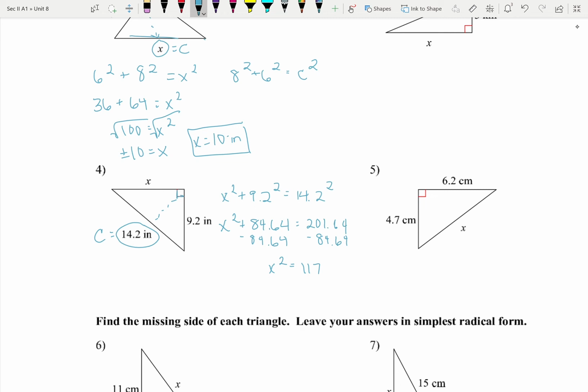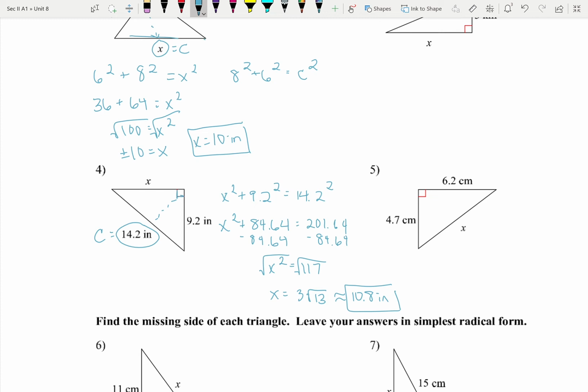117. Now, when I go and take the square root of that, unfortunately, the square root of 117 doesn't really simplify. Okay, it gives me 3 root 13, which, do you know how long 3 root 13 is? I don't. So I'm going to use that switch key, and I'm going to convert that to the decimal of 10.8 inches because that's the number that makes the most sense to me.